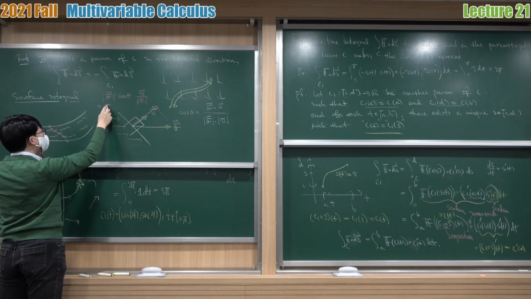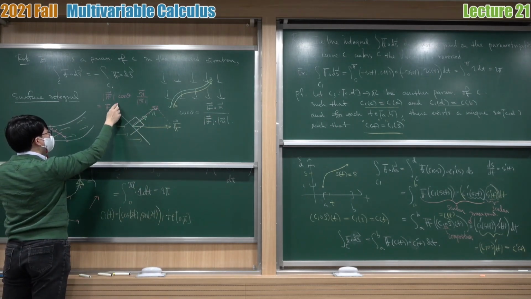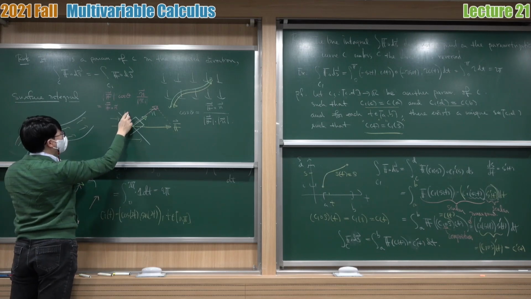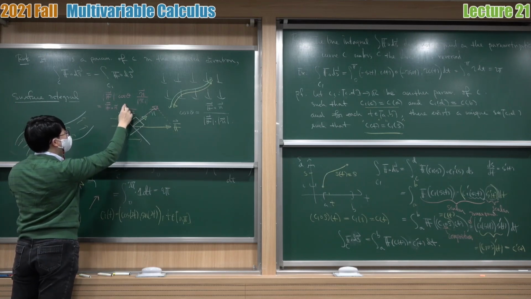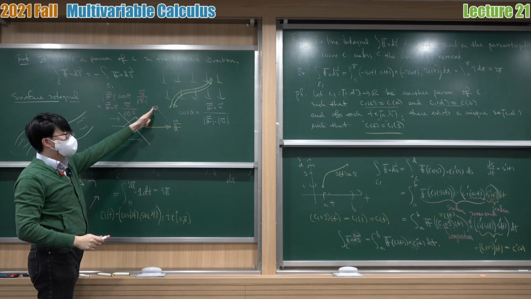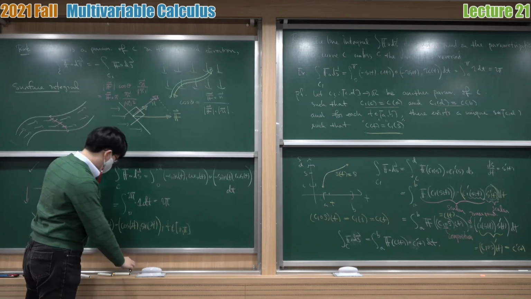So basically it's f inner product n, times n, over the square of the norm of n. That is our vector, okay?